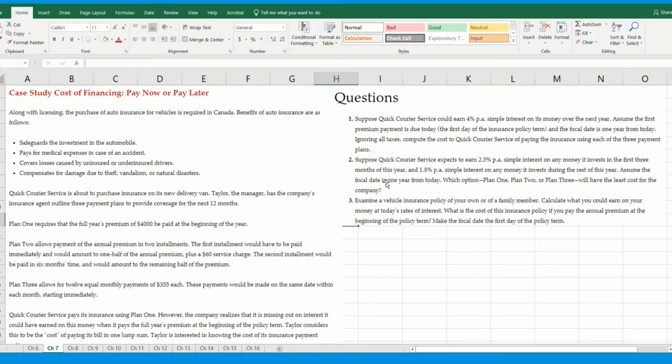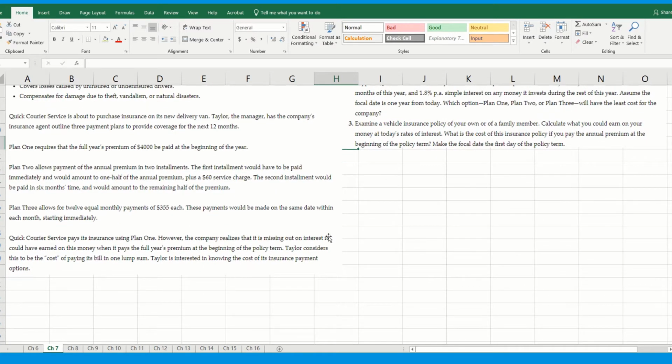The first thing I want to do is read through it and find out what they're asking for, and then set it up, and then I'll go through the questions themselves. So in this one, they're talking about purchasing auto insurance, and it says Quick Courier Service is about to purchase insurance for its new delivery van, and it's going to be coverage for the next 12 months.